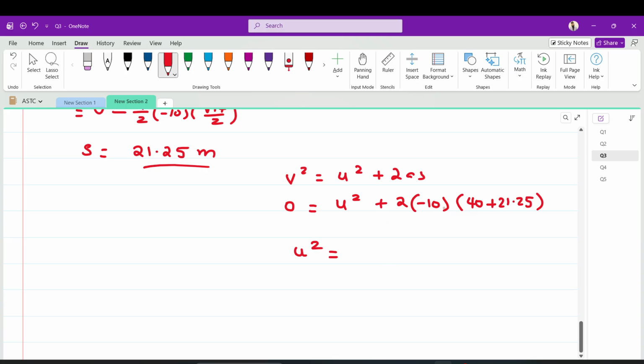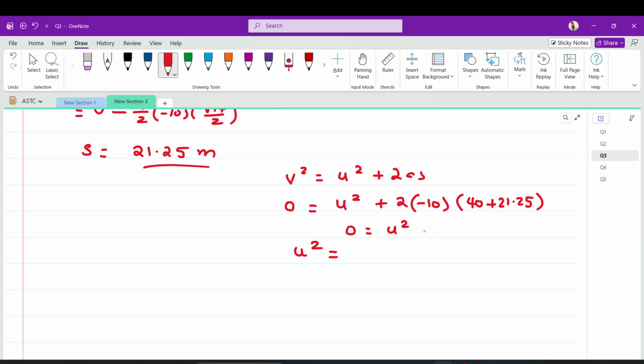So u square will be equal to, all right, let me first calculate what this value is. 0 is equal to u square, and that will be minus 20 times 40 plus 21.25.